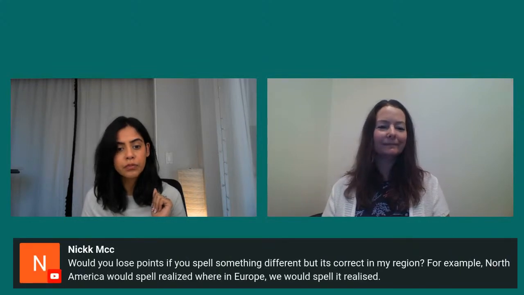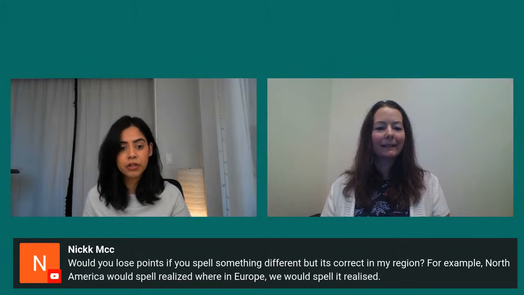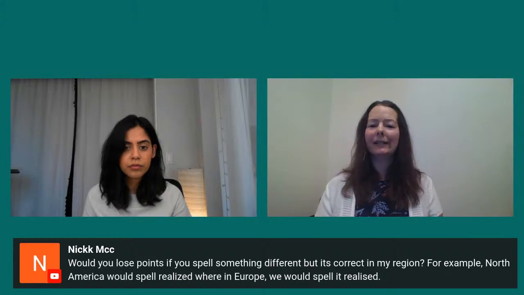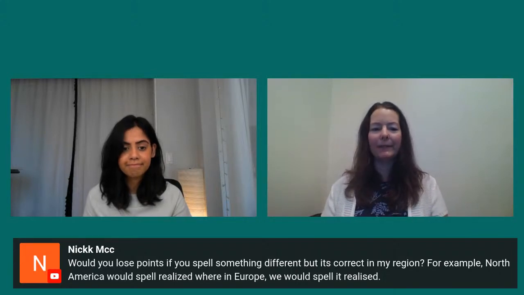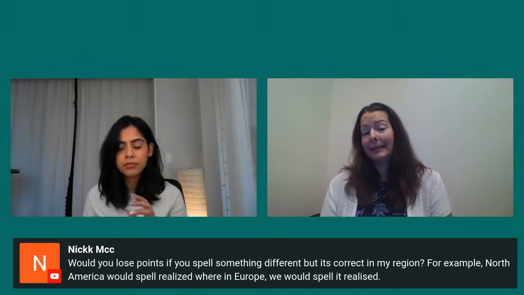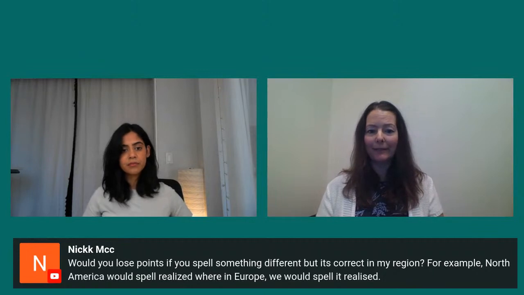Okay, here is one from Nick. Would you lose points if you spell something differently, but it's correct in my region, North America? Oh, I see. Yeah, you're talking about, say, British spelling patterns versus American versus Canadian. I will say that the CELPIP is a Canadian test, so why not learn the Canadian spellings? That would be my first suggestion.